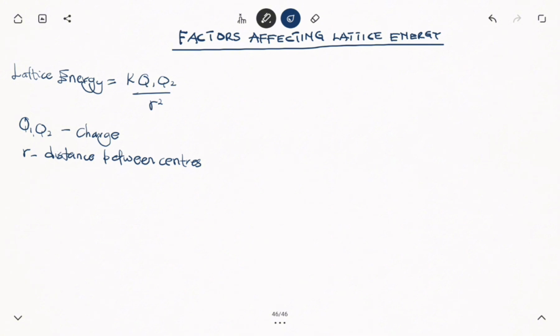But then let's look at the factors. So that simply means that the factors here include 1, the size, and 2, the charge. Okay, the size and the charge. All right, so what do we have to take note of when we are talking about the size?